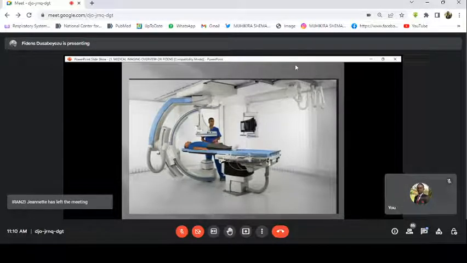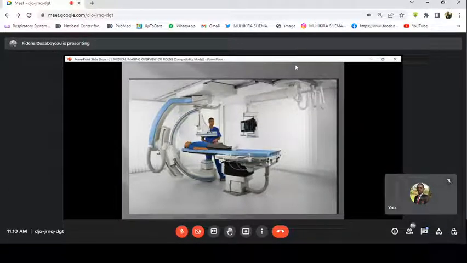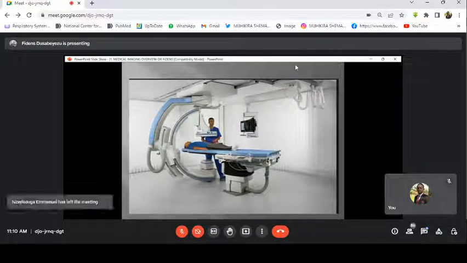And this can be changed, it can be in another direction, you can move the table, you can move the machine itself, exactly to look where you want to look, to follow that dye, that contrast within the body. The operator is looking at the screen. They didn't show where the screen is, but he's looking at the screen and following live what is going on.